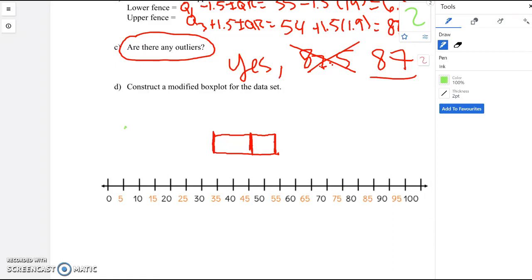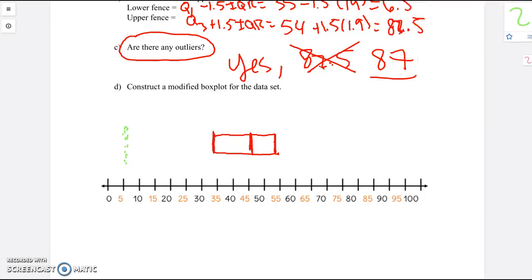Here is my lower fence. My upper fence in this case was equal to 82.5, so 82.5 is around here. So that's my hinges.